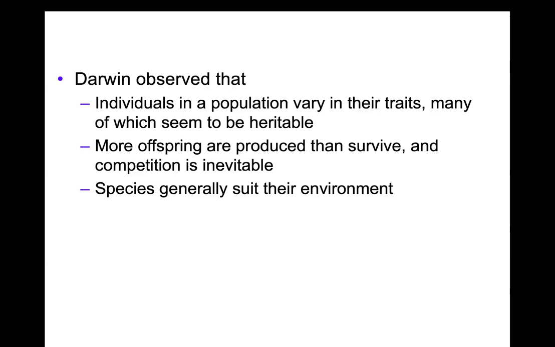More offspring are produced than survive, and competition is inevitable. And species generally suit their environments, meaning species are adapted in a certain way based on the environments that they live in.